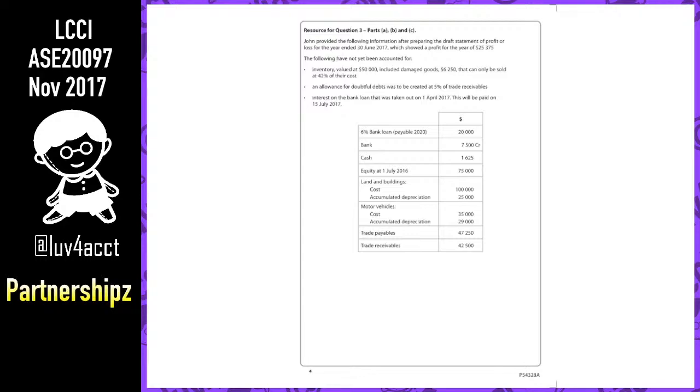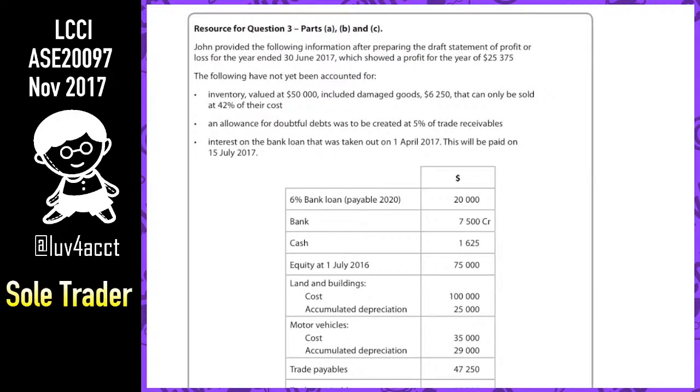Sole Trader. So inventory, and then the updated amount of profit. Inventory valued at 50,000 included damaged goods 6250 that can only be sold at 42% of their cost.